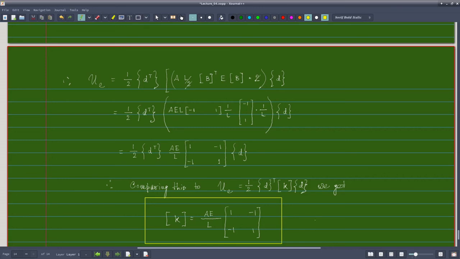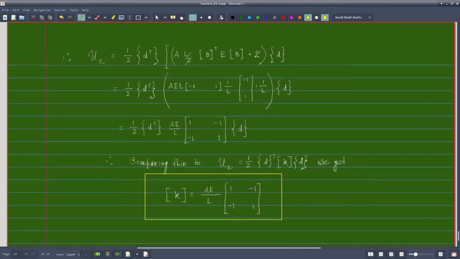This is how we can formulate the two-noded bar element by using the Rayleigh-Ritz method, by using the total potential energy approach. With this we have come to the end of this lecture.